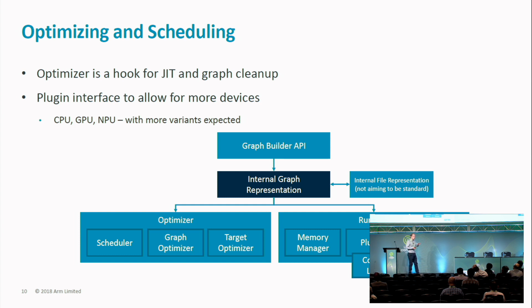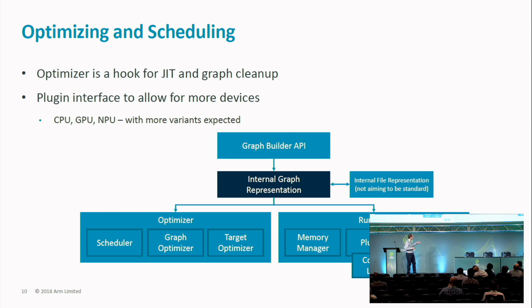To do that, we need the full graph representation passed through. So we bypass some of the optimizations that happen in the generic optimizer at the top. And we're finding lots of other partners who are looking at integrating their devices have these same kind of needs. So it's constructed to allow people to do that.